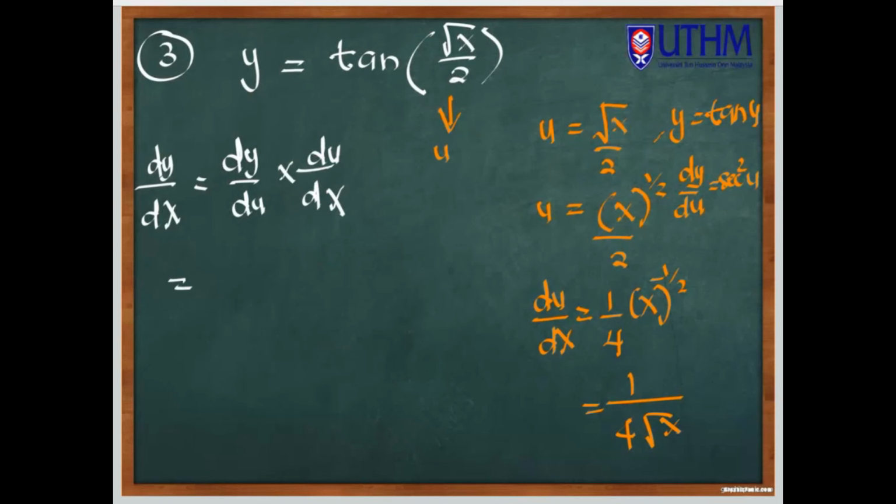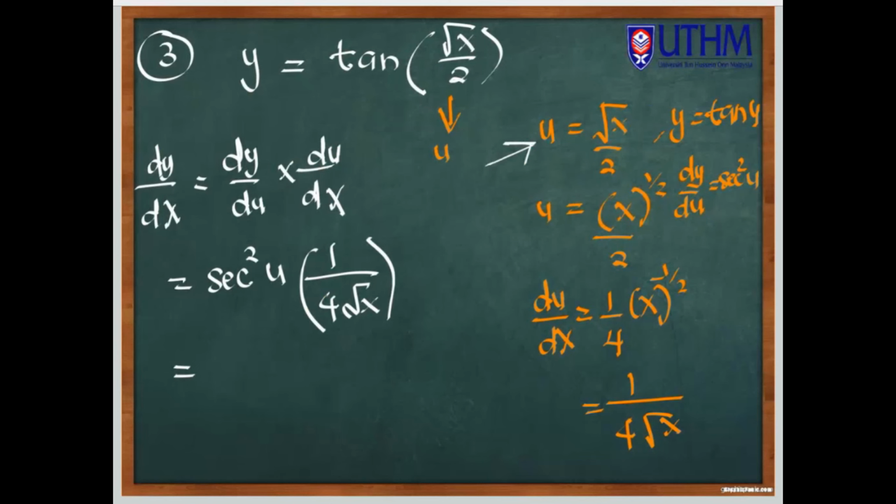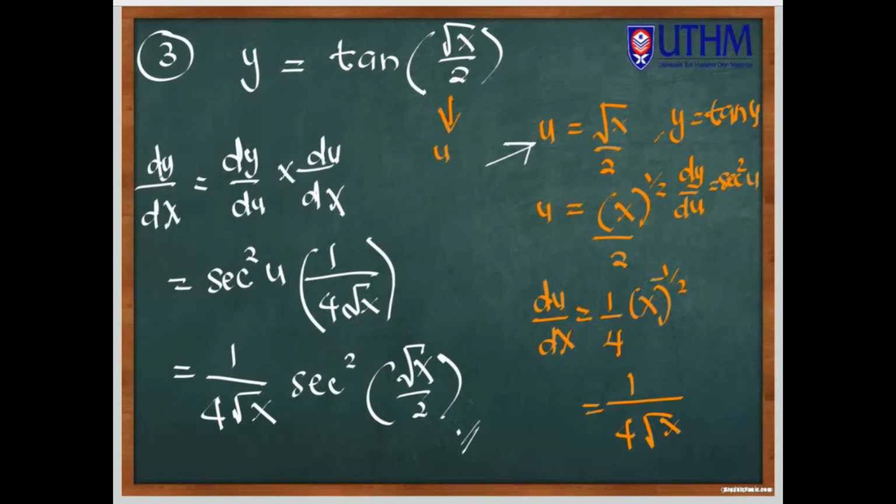So dy du is secant squared u, and du dx is equal to 1 over 4 square root x. We just substitute back the u with square root x over 2, and finally we can rewrite and we will get 1 over 4 square root x secant squared in bracket square root x over 2.